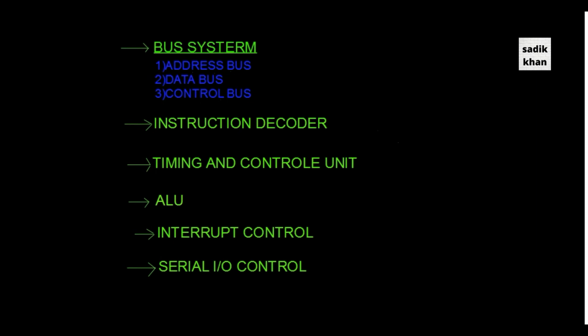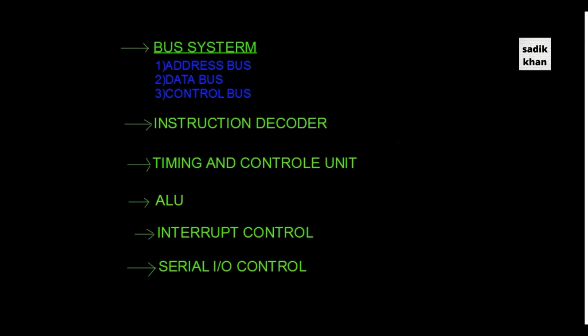Address bus: this bus is used to transfer the address. Next, data bus: here data will come to the processor and data will go from the processor to memory. Third is the control bus. This bus is used to send control signals from timing and control.